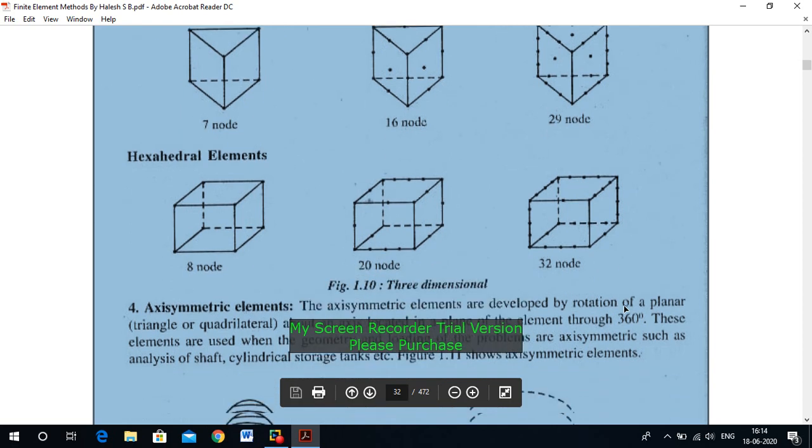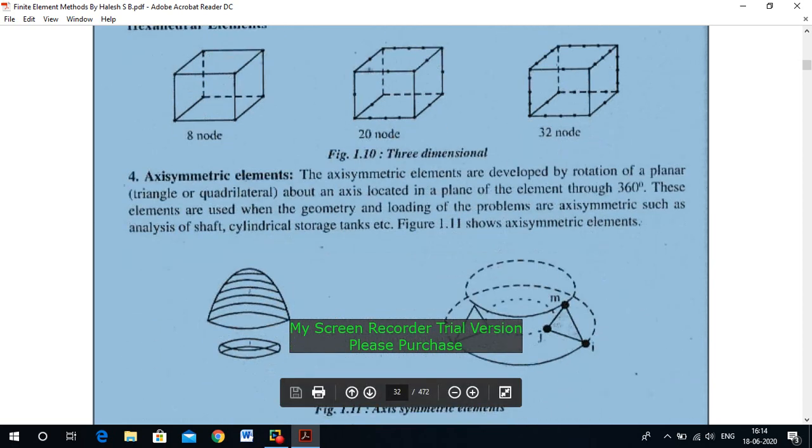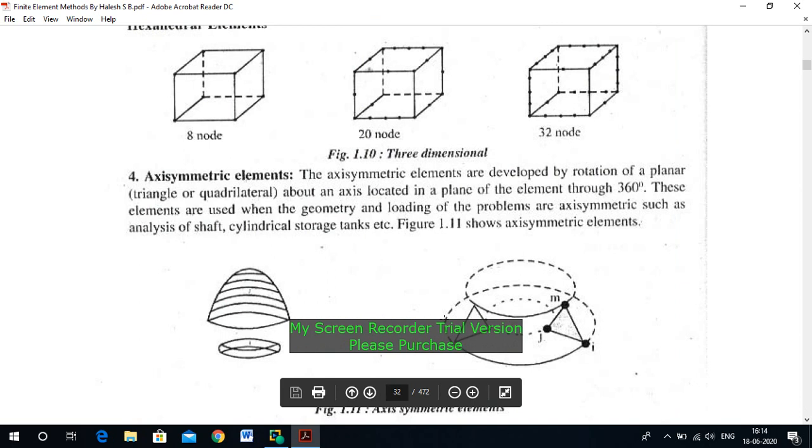And the fourth type is axisymmetric elements. The axisymmetric elements are developed by rotation of a planar element, like a triangular or quadrilateral, about an axis located in the plane of the element through 360 degrees.